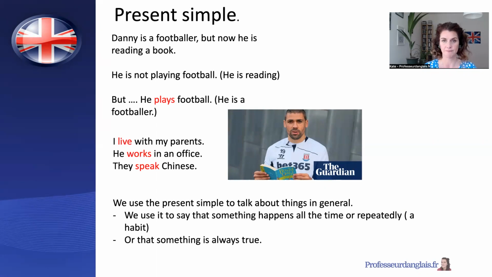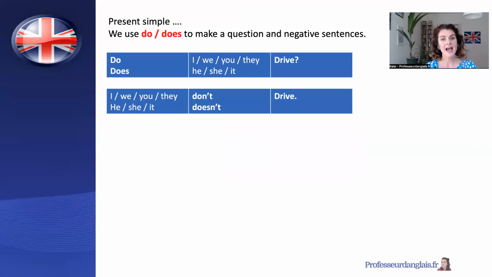Okay, when we have the present simple and we want to make a question or a negative, we use the auxiliary verb to do, and we use it in these forms, do and does. For example, do you drive? Does it drive? You don't drive.